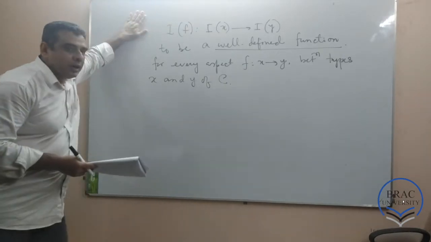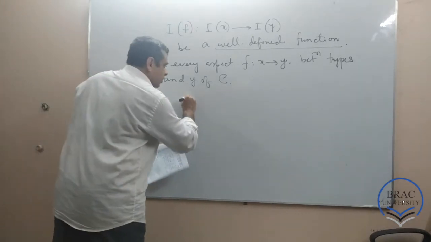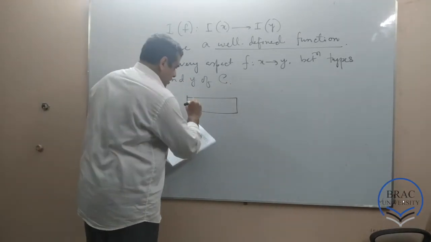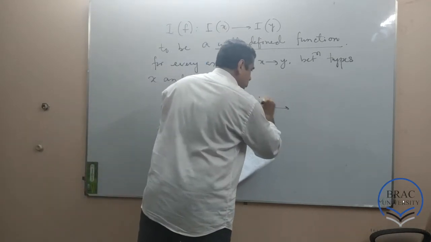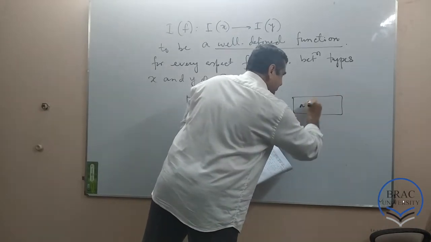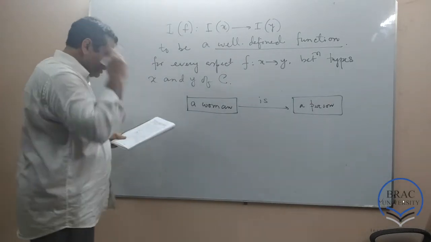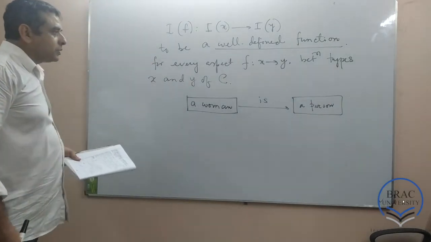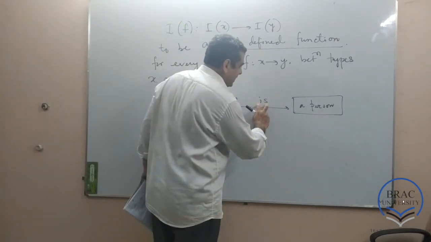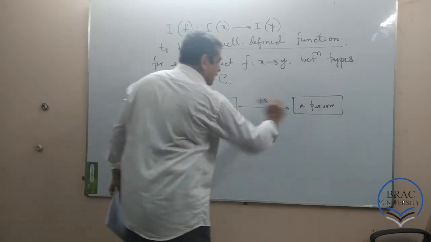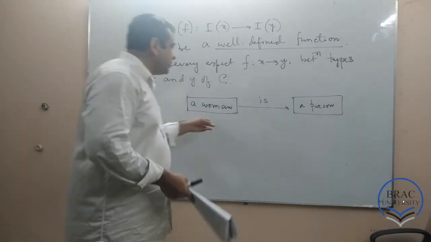So let me illustrate this fact using the diagram or the Olog for a woman being a person. So let's try to understand the fact that the aspect between these two types holds a functional relationship between these two types.